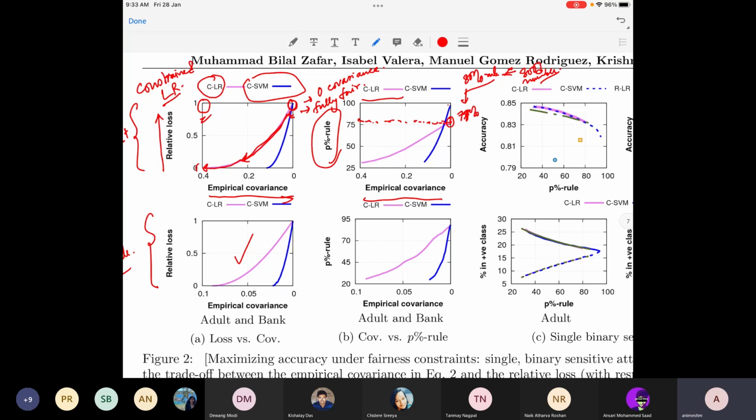Do you see that? Same is the case for the bank data. Bank data actually is slightly more revealing. Here it's almost close to 80%, I would say. In fact, maybe a little larger than that. Maybe 85 or something.